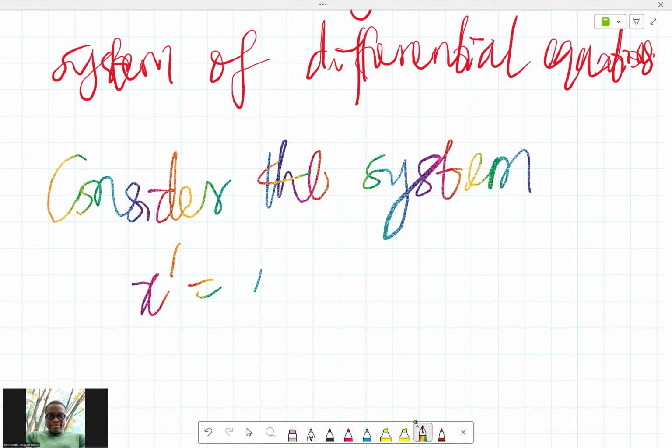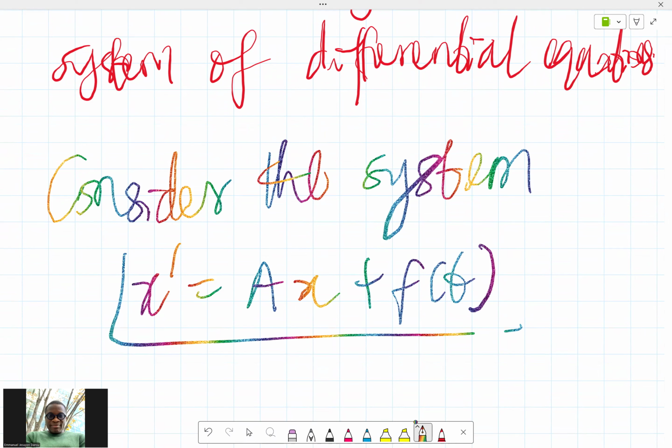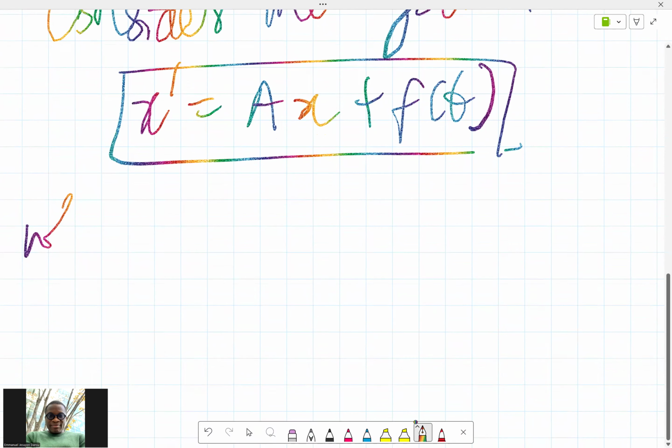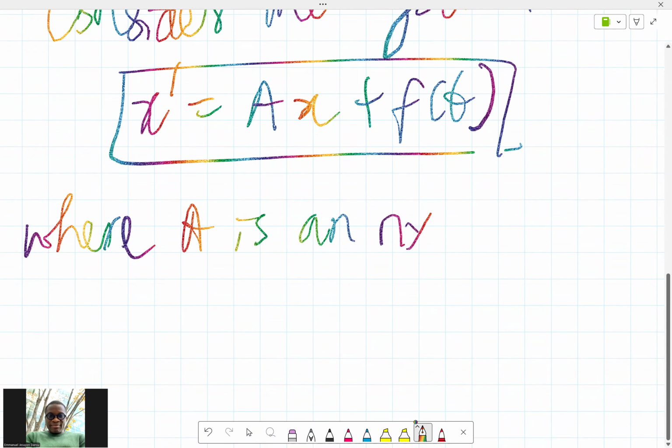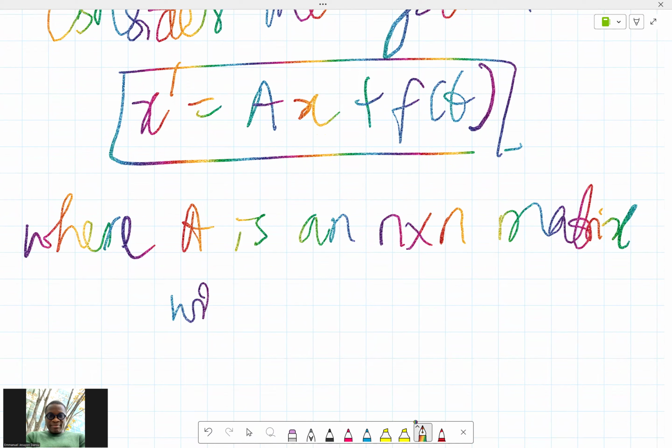x prime equals Ax plus f of t, because this is a typical non-homogeneous system, where A is an n by n matrix with continuous entries.